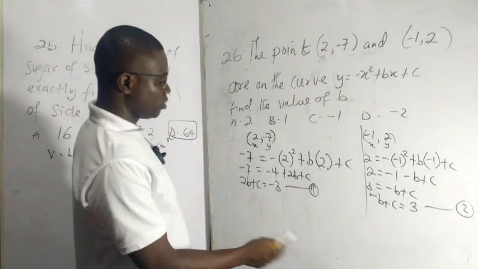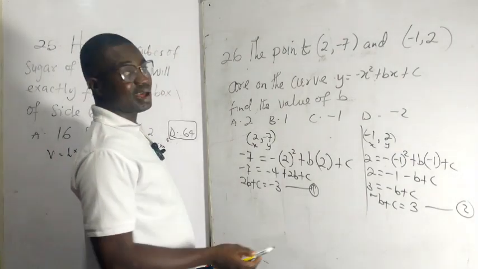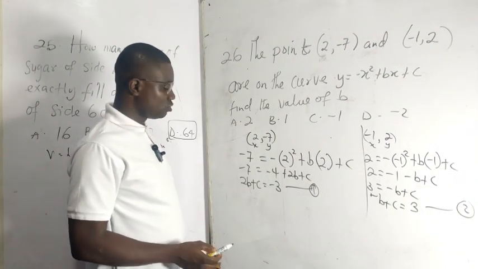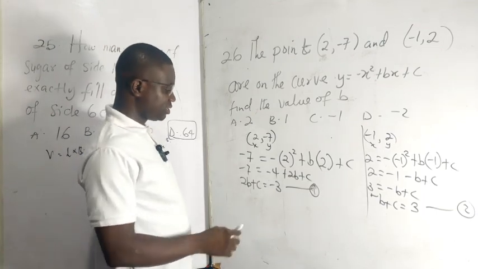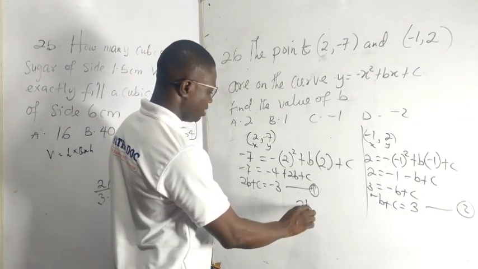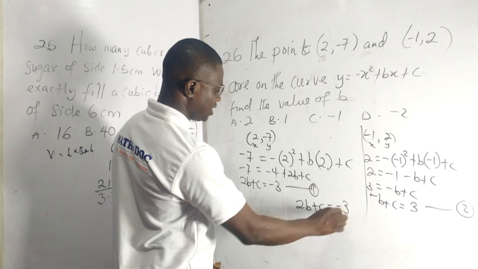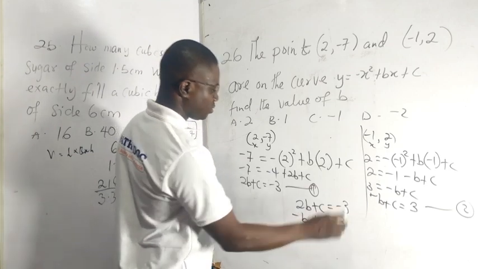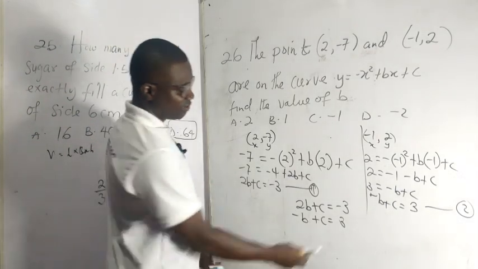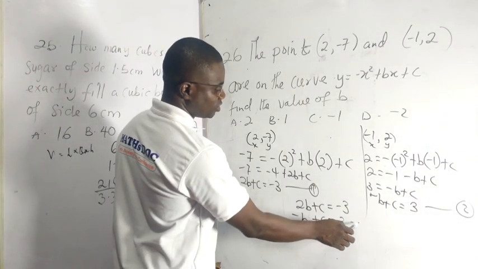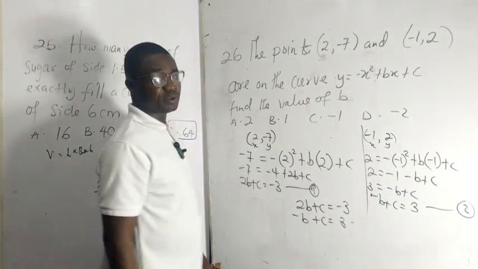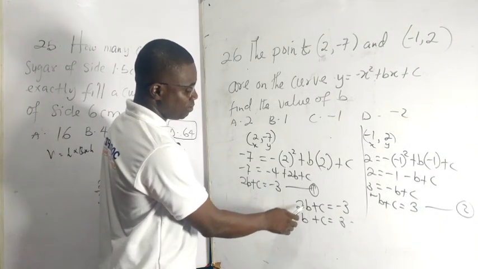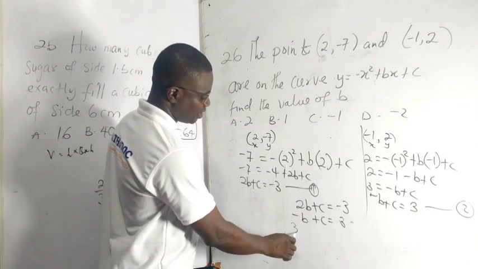Now we have these two equations, so we can apply any of the simultaneous equation approaches. We can use the elimination method. So we have 2b plus c is equal to minus 3, and then minus b plus c is equal to 3. Let's subtract equation 2 from equation 1. It's going to be 2b minus minus b, which is 3b.